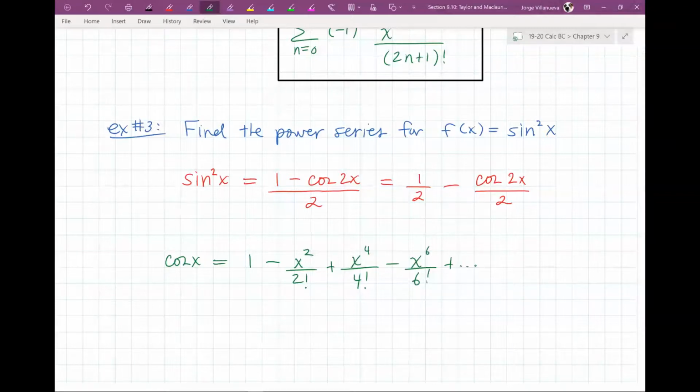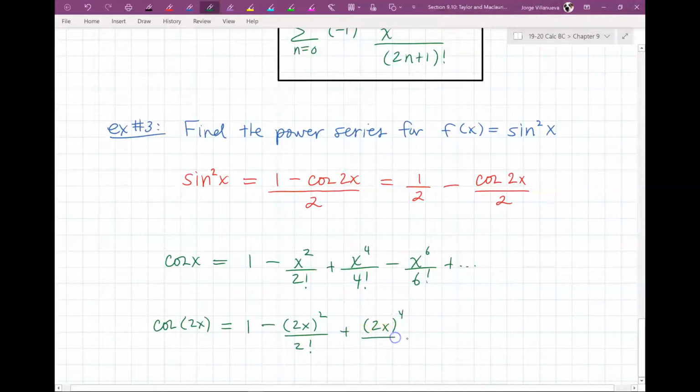Now, I'm going to change the angle to 2x. So cosine of 2x is 1 minus 2x squared over 2 factorial plus 2x to the fourth over 4 factorial minus 2x to the 6th over 6 factorial plus etc.